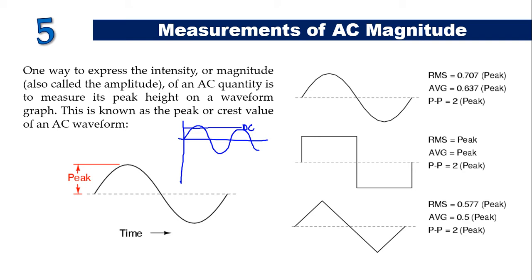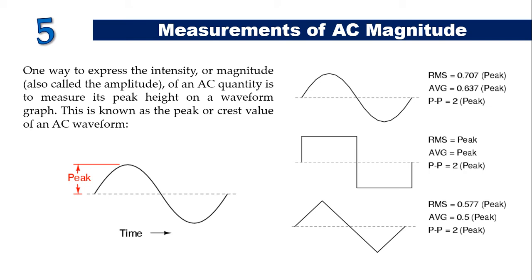Kaya minsan mahirap mag-measure, nagkakaroon tayo ng problema on expressing how much voltage or current we have in any part of a circuit. Di ba? So, paano nga ba nabibigyan ng single measurement of magnitude ang isang bagay that is constantly changing? Meron tayo iba't ibang klase.